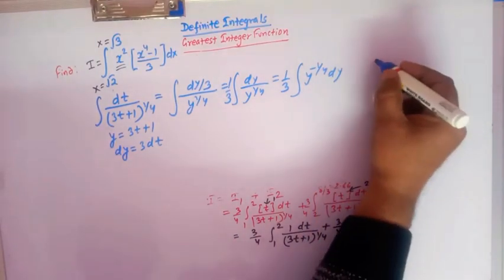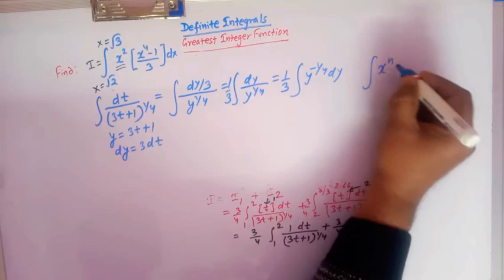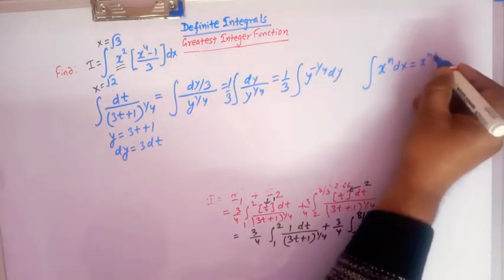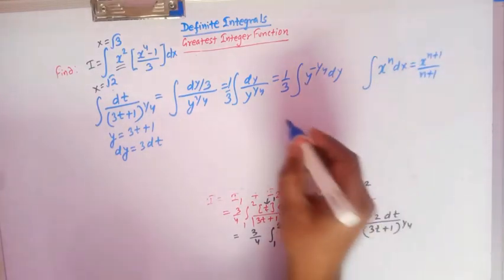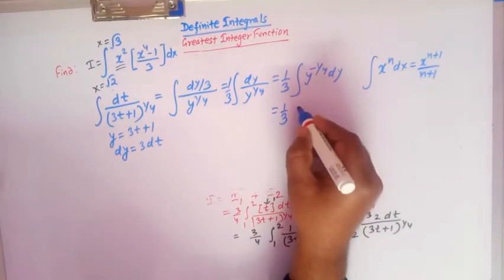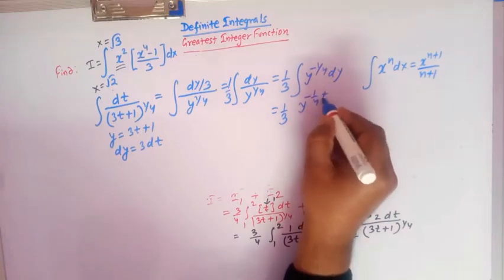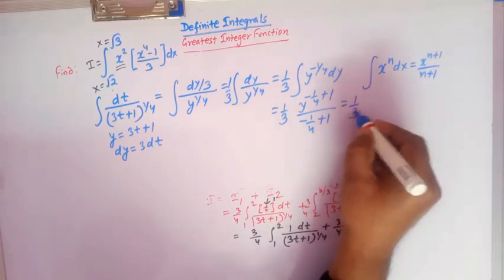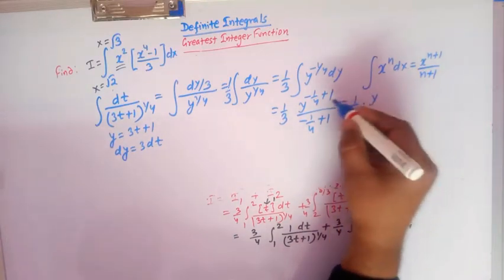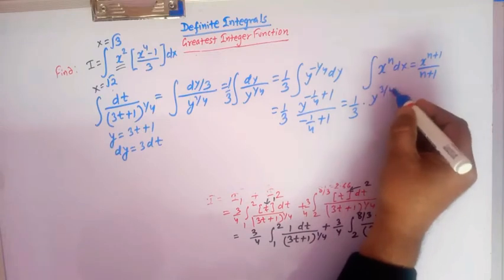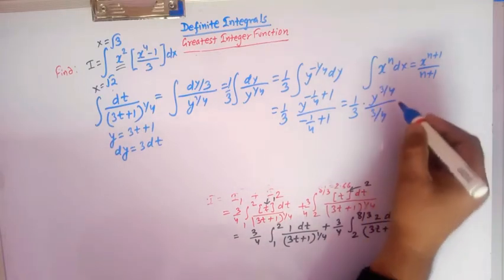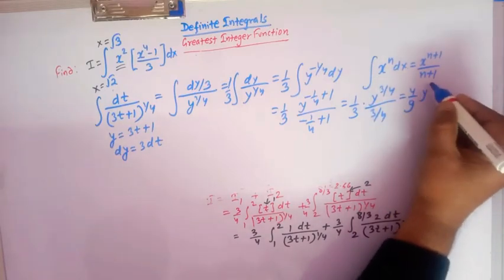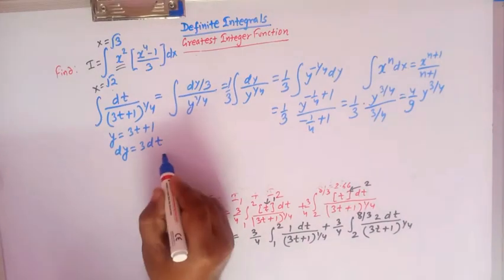Now by making use of the result integral of x raised to n dx, we have x raised to n plus 1 over n plus 1. So here we have 1 over 3 y raised to minus 1 over 4 plus 1, over minus 1 over 4 plus 1. So we have 1 over 3 y raised to 4 minus 1, that is 3 over 4, and here also we have 3 over 4, and this is 4 over 9 and y raised to 3 over 4.